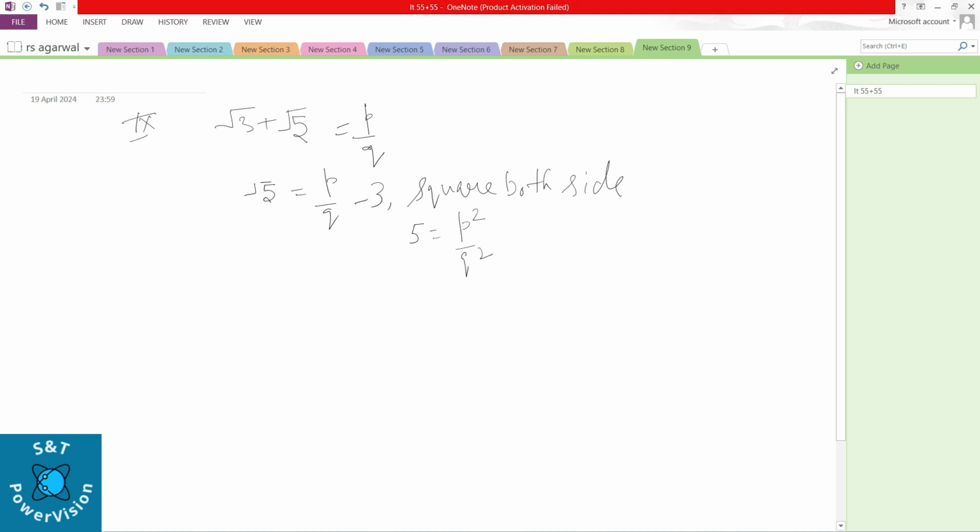P square by q square plus 3 minus 2 root 3 p by q. We'll do some adjustment here.